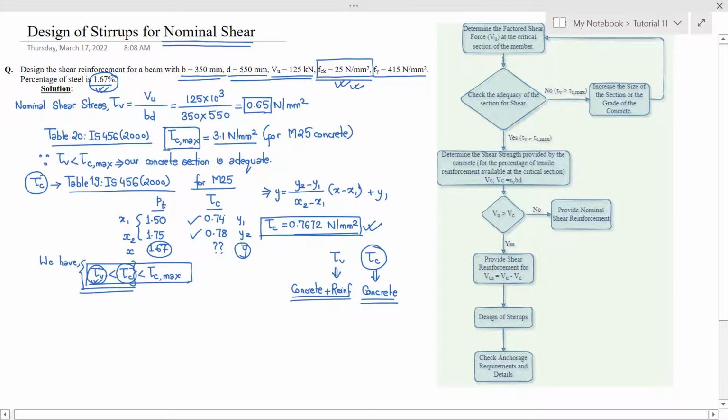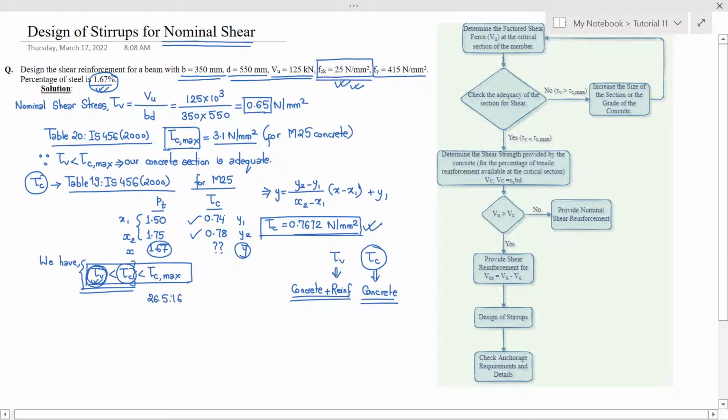Since here our value of tau v, that is the actual value of shear stress that we calculated from the loads acting on our structure, is lesser than the shear strength provided by the concrete, we only have to provide the nominal shear reinforcement. Also, if you remember, we discussed one thing in our previous lecture.